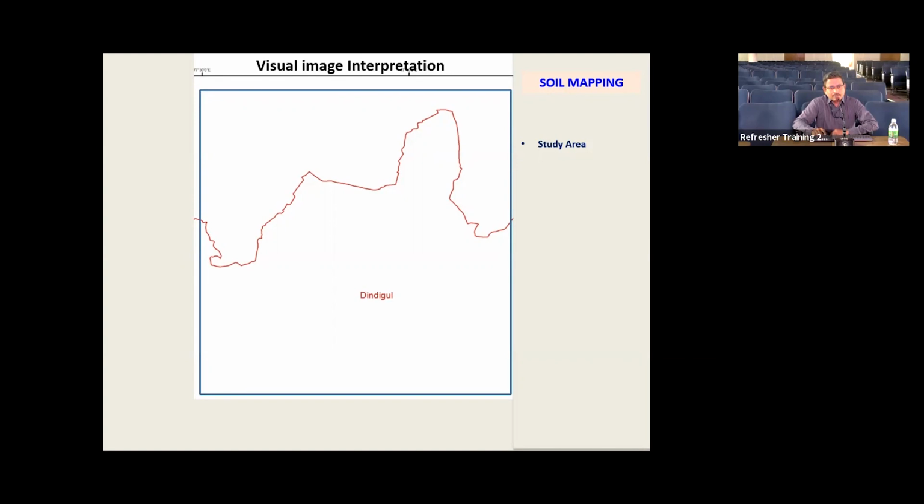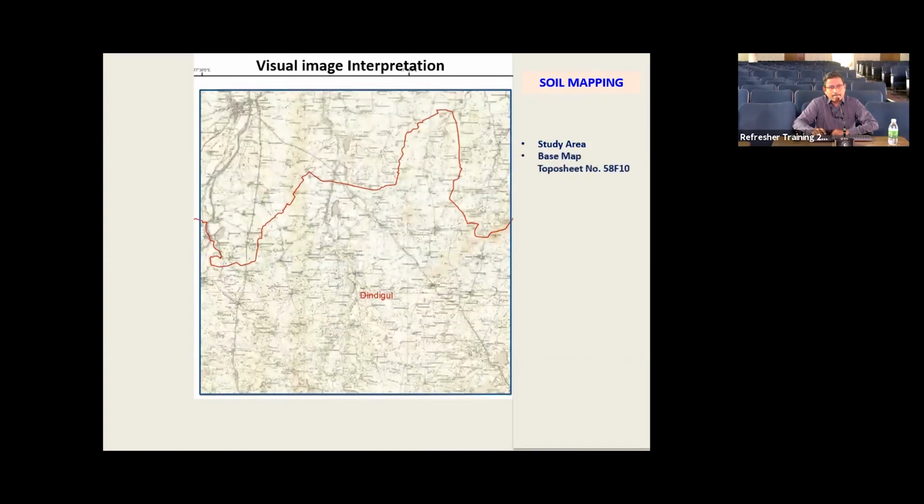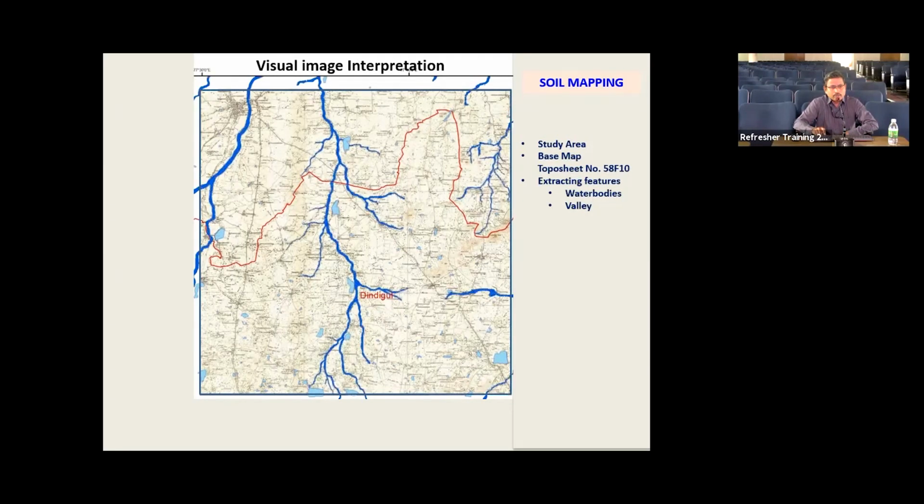Let us consider the Tindigal district. What we do using this technique is we collect the toposheet for that particular area, and we extract some features which are not covered under soil, mainly water bodies. So water bodies we need to delineate first, followed by other valleys, that means the channels.